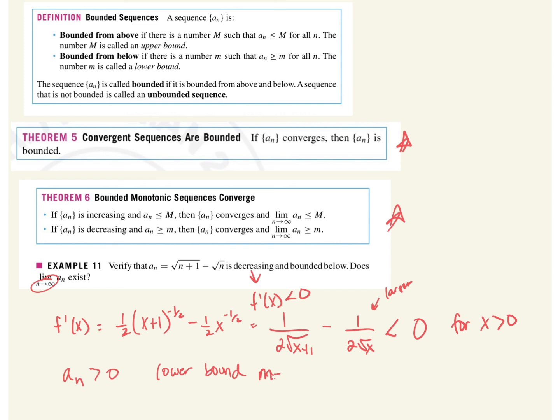Specifically, 0. And if we thought about this without having a table of values, that makes a lot of sense. If we have two square roots, the smallest value that n could be would be 0 there.